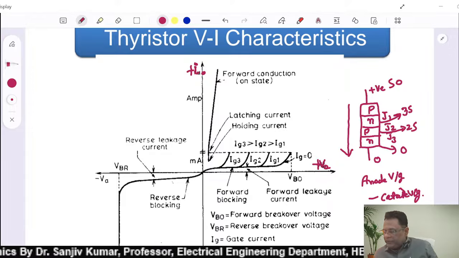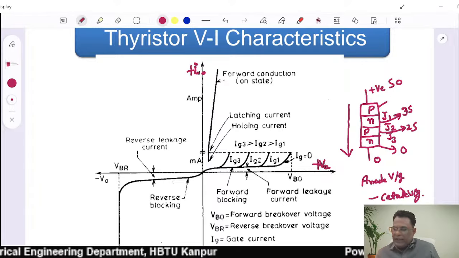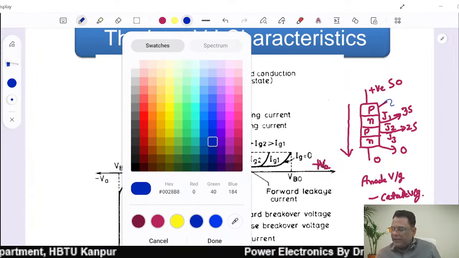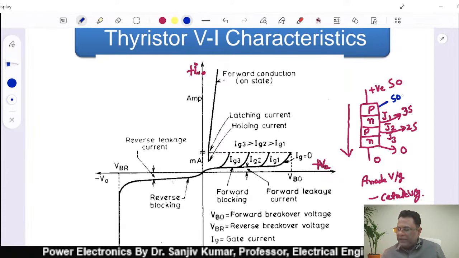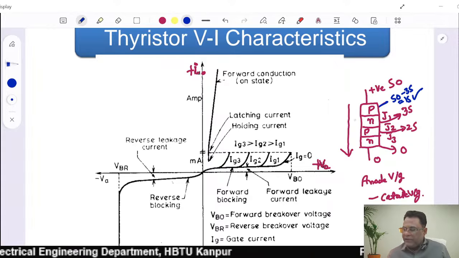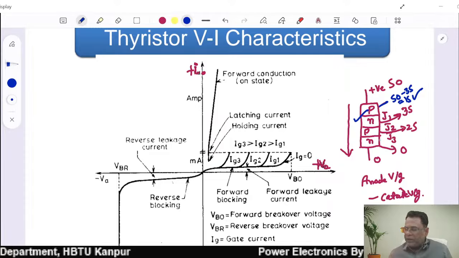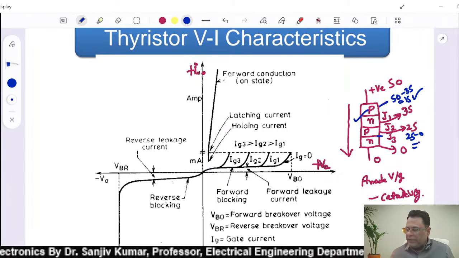So anode is, let me take a different color pen. Anode is 50, N is at 35, so 50 minus 35 equal to 15, so positive. Very good. J1 is okay. Now come to the junction J3. P is 25, N is 0, so it is again positive, so J3 is also okay.